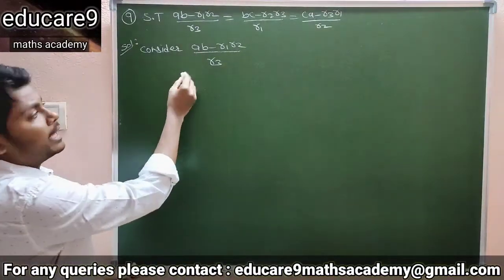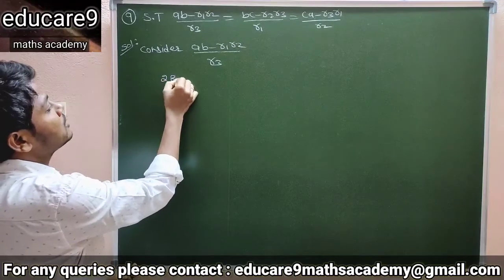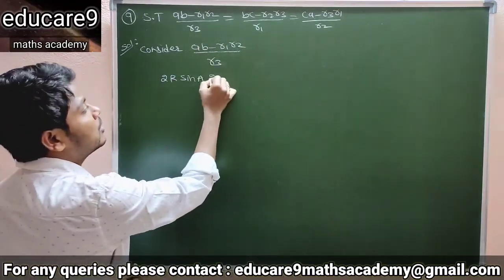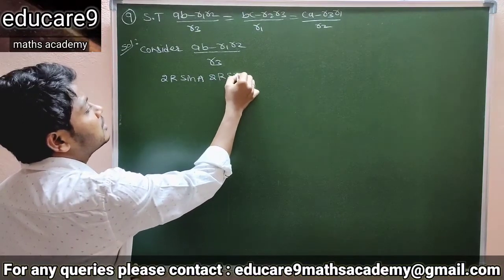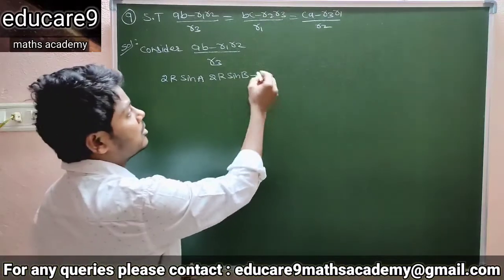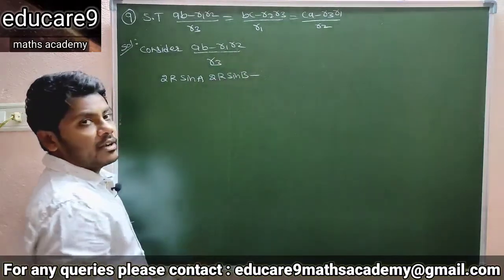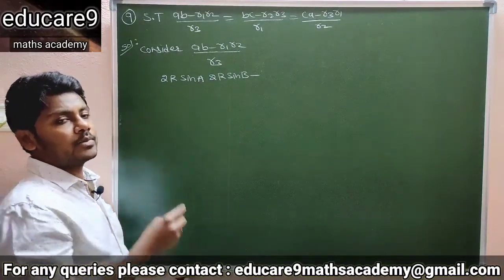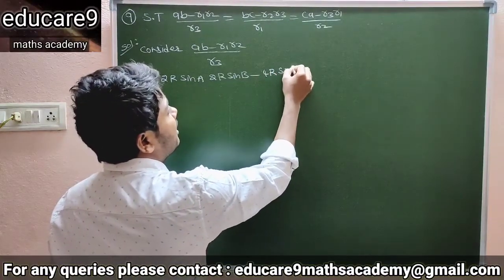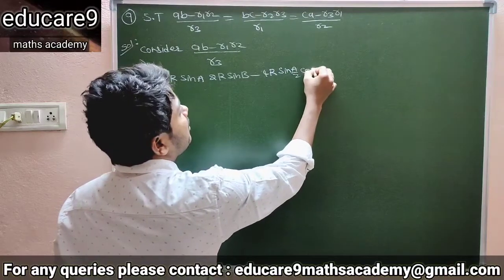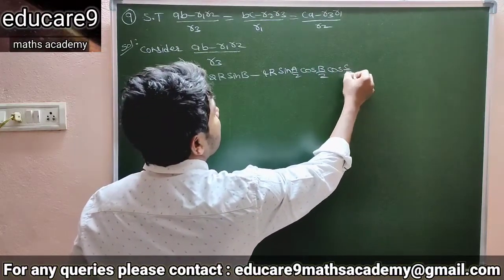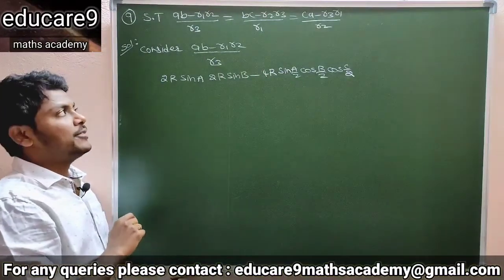So what is small a? 2R sin A. And what is small b? 2R sin B. And what is r1? So clearly the suffix is 1. First term is sin, remaining two terms are cos. That is 4R sin A by 2 cos B by 2 cos C by 2 into r2. So your suffix is 2.